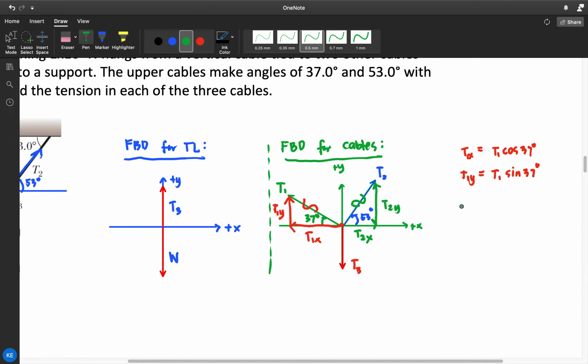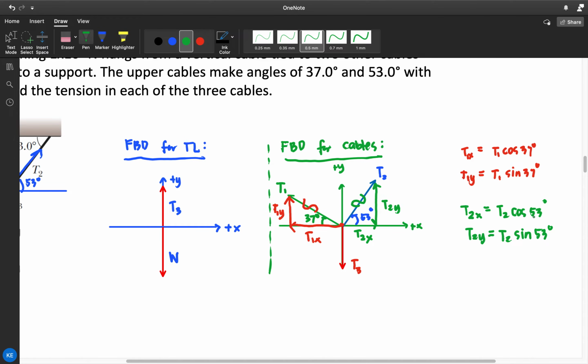Your T2x is on the adjacent side of angle 53, so you'll have T2 cosine 53. Then T2y is on the opposite side of angle 53, so sine. So you'll have T2 sine 53. I guess we're done with looking for its components.